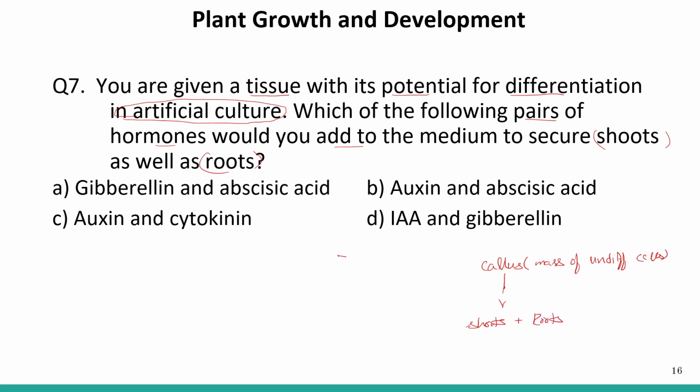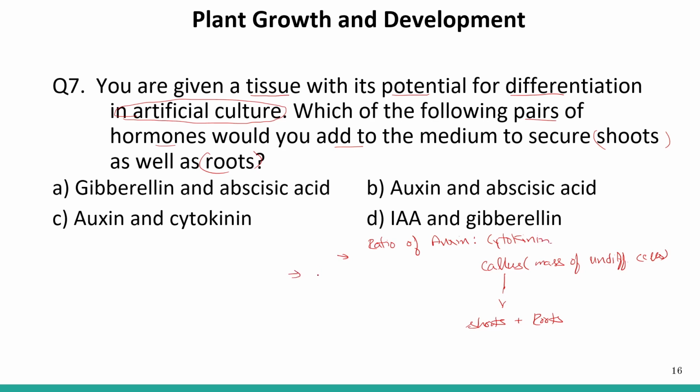Now we already know that the ratio of auxin and cytokinin is responsible for either the initiation of shoot or root.